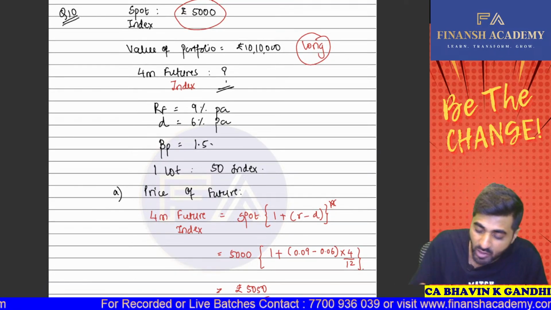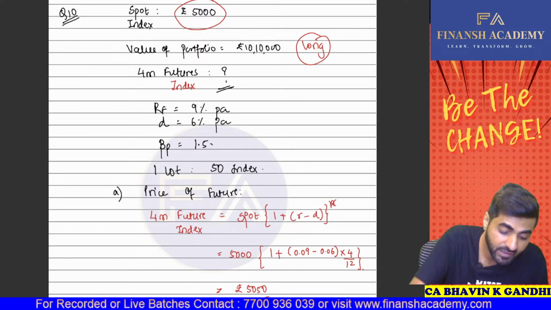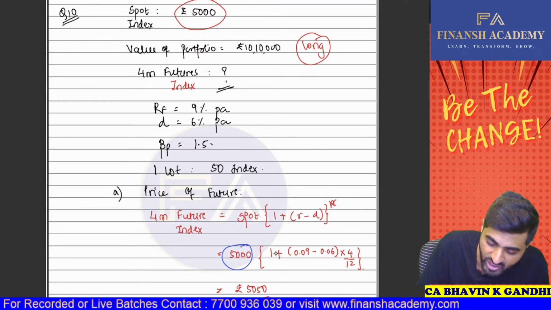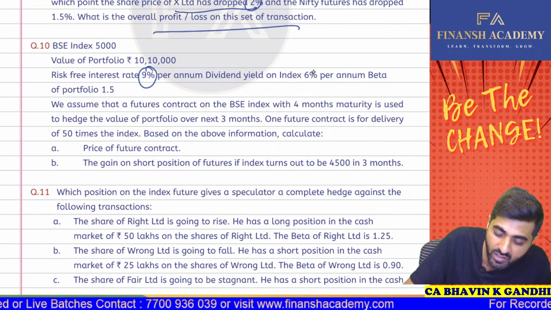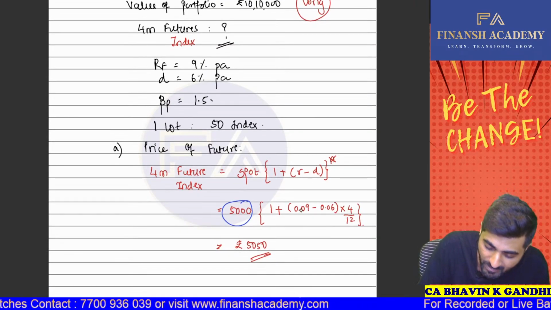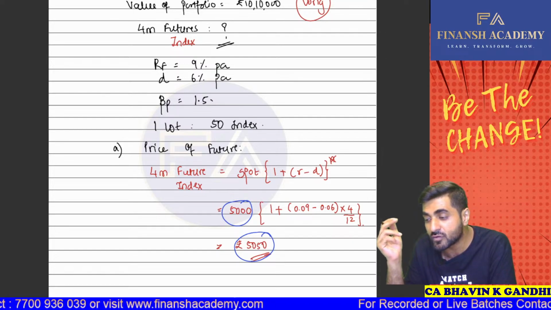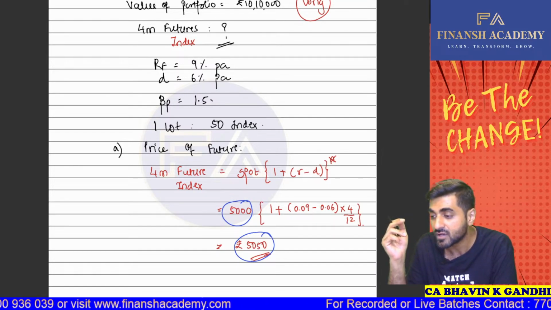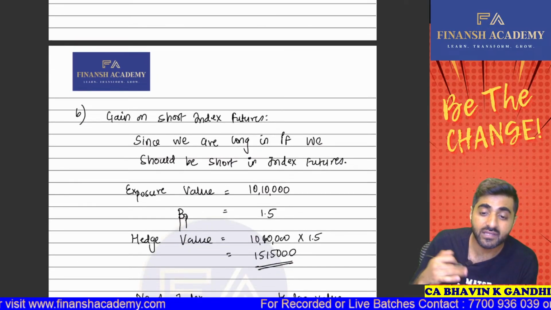Basically, what's the spot price of the index? The spot price of the index is 5,000. Also, you can check into 1 plus R. Your R is 9% and your dividend yield is 6%, and the contract is for the period of 4 months. On that basis, we will come to know that the price of the future contract is 5050.